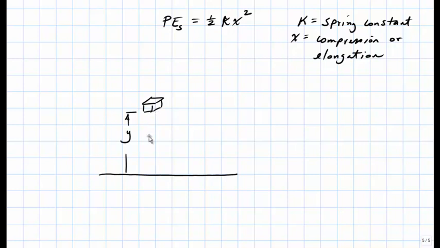By the time the block reaches this reference location, the gravitational pull of the Earth will accelerate it and create a velocity, and therefore the block has kinetic energy, and anything that has kinetic energy, of course, has the capability of doing work. Therefore, by virtue of this block's position, this block contains gravitational potential energy.